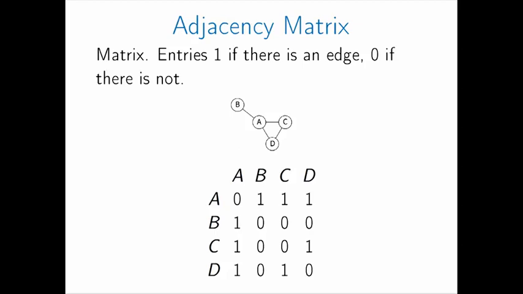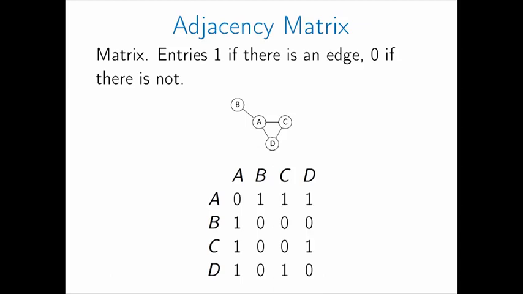One of them is the following. So at least if you have a simple graph, the only thing that really matters is which pairs of vertices have edges between them. And so if I give you a pair of vertices, the only thing that you need to know is, is there an edge between them or is there not? So what we can do is build a lookup table for this. We build a matrix where you have an entry that's 1 if there is an edge between that pair of vertices and 0 if there's not.